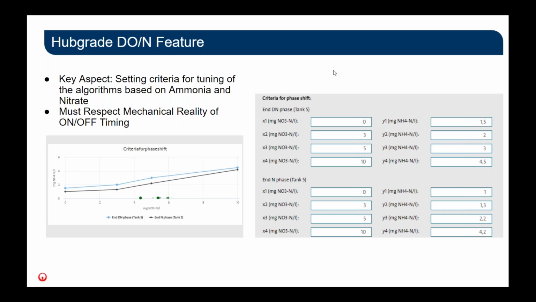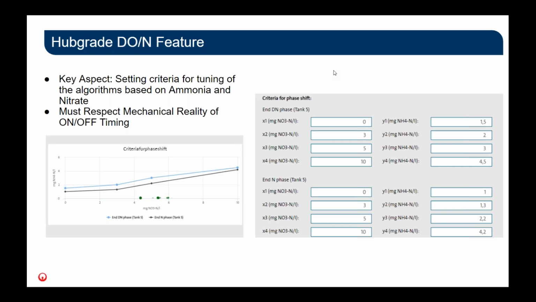These settings are used to tune the algorithms, and the measured ammonia and nitrate concentrations will then be used by the algorithm, along with these tuning settings, to identify: do I want to be right now in an aerobic state or in an anoxic state, and do I want to be moving toward more aerobic in the future or more anoxic in the future?